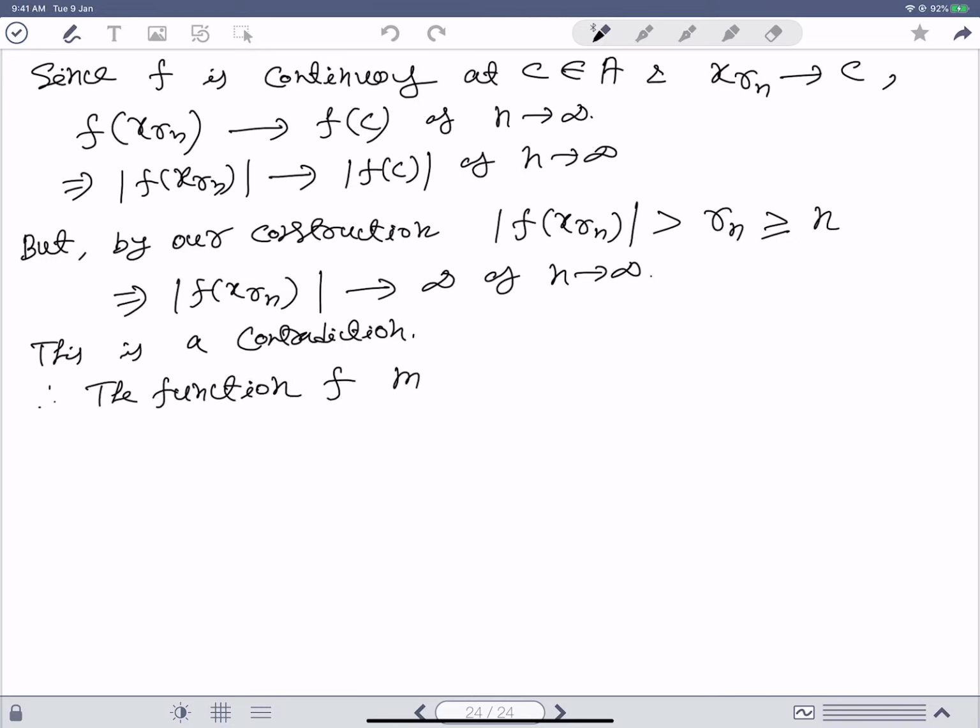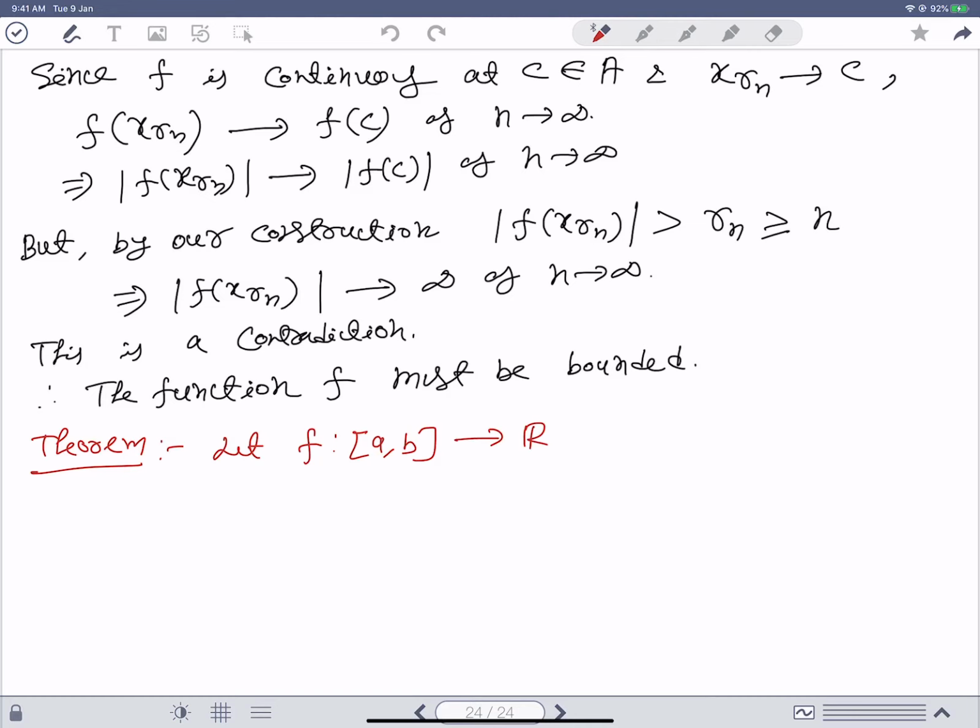f must be bounded. Now there is another beautiful property of R when the domain is a closed and bounded interval. So let f from closed interval [a,b] to R be a continuous function.